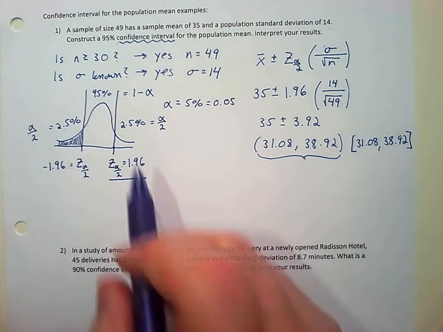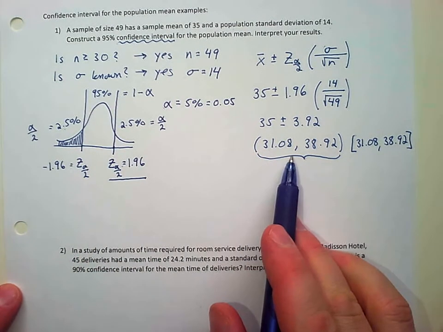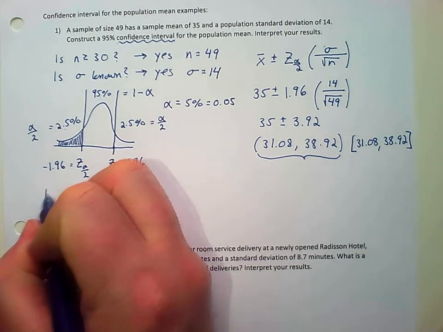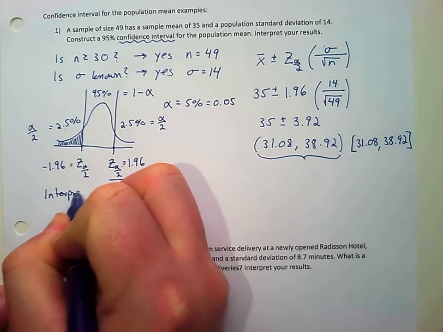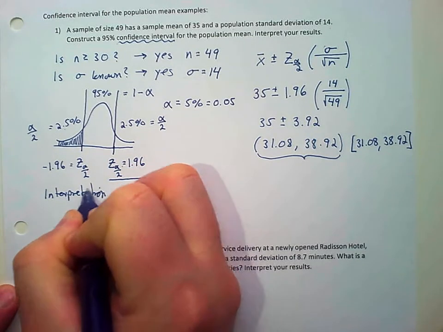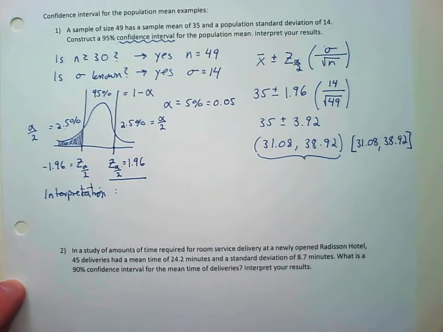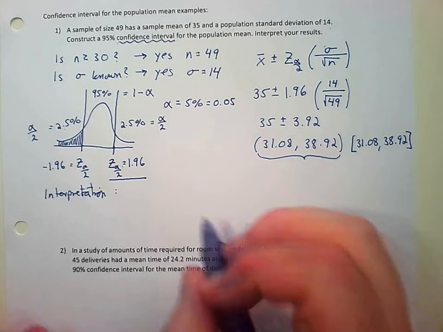We're asked to create a confidence interval. This is the confidence interval. And now we want to give an interpretation of our results. The interpretation of our results is worded very, very specifically.